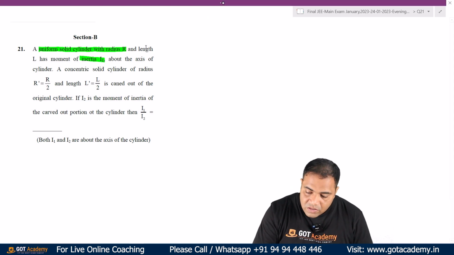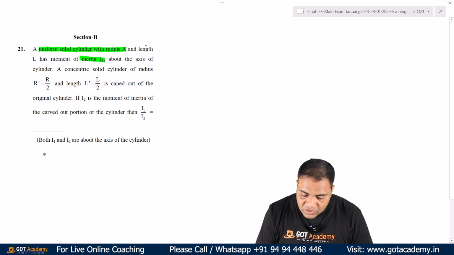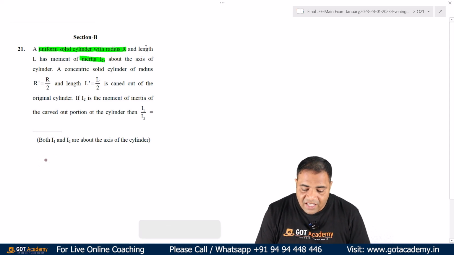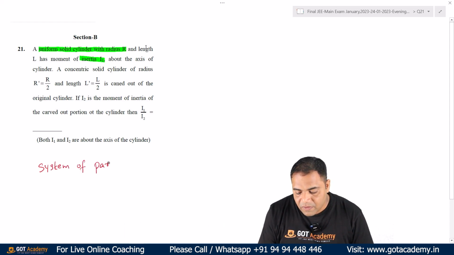Right. So, it was given that a solid cylinder with radius r and length L has moment of inertia I1. So, this question belongs to our junior inter syllabus, that is system of particles, in that it is from the concept of inertia.